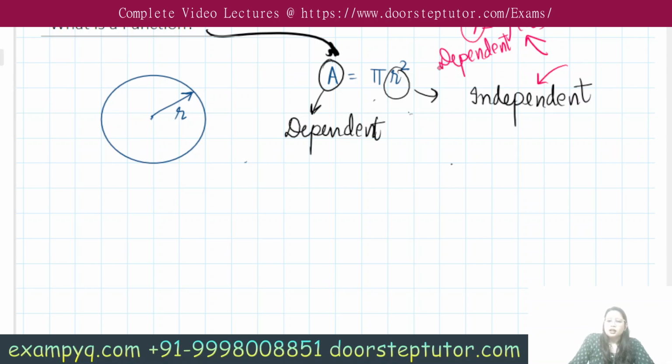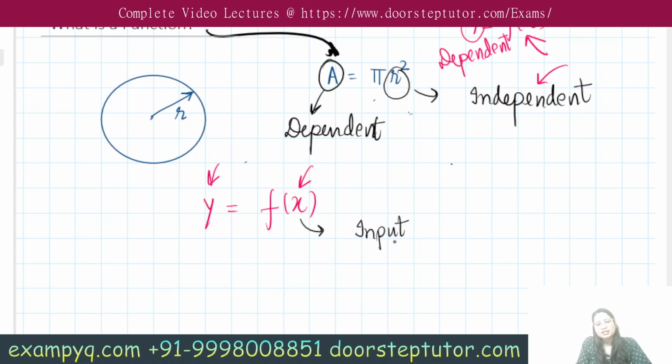Let me again just write down that y equal to f of x describes a relationship between two quantities x and y, and we name x as independent, or we can also call it an input variable. This is something which you are giving to your function.